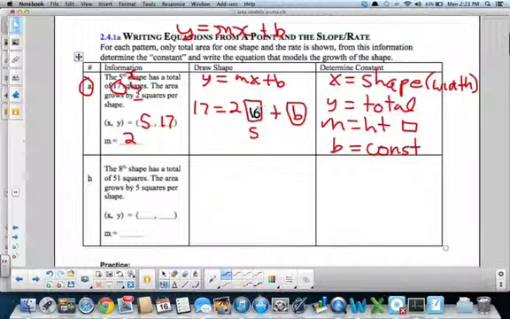So now I have to figure out 10 plus the constant is equal to 17. So what's the constant? Well, 10 plus 7. So in this case, b equals 7. So my equation is y equals 2x plus 7.